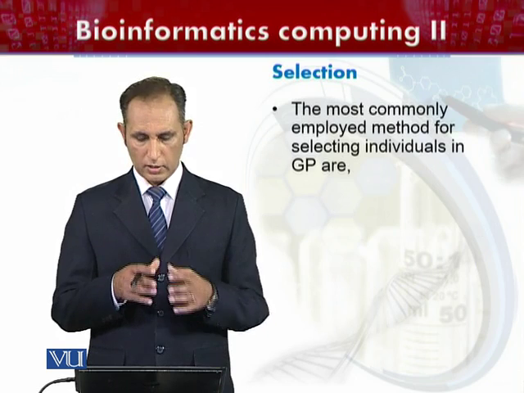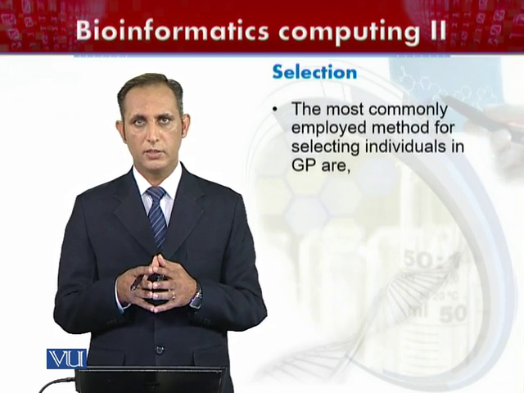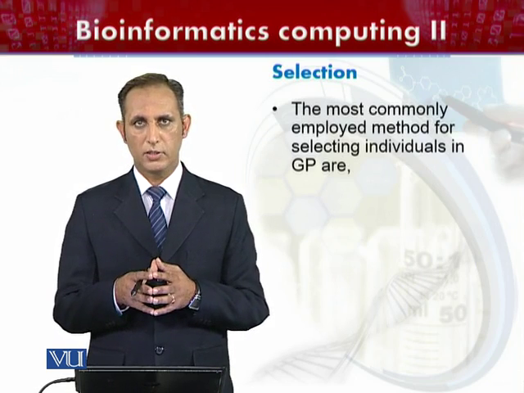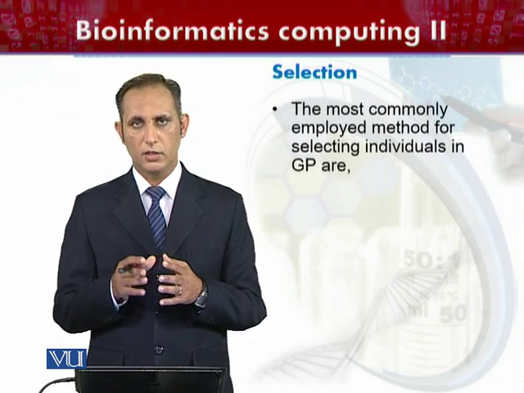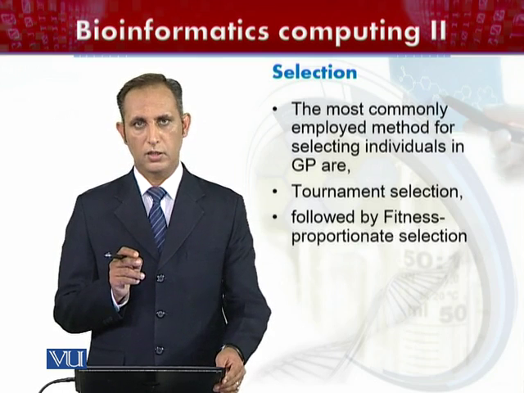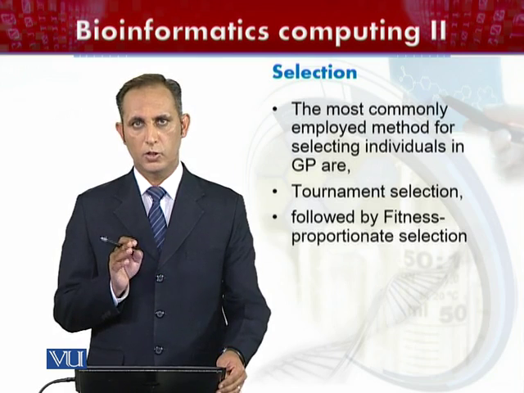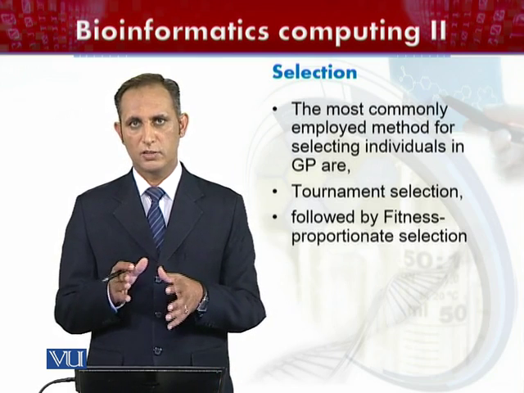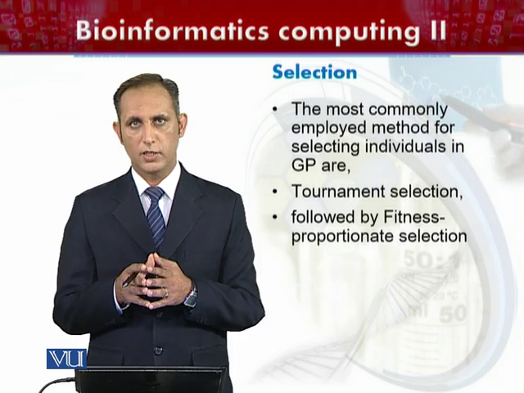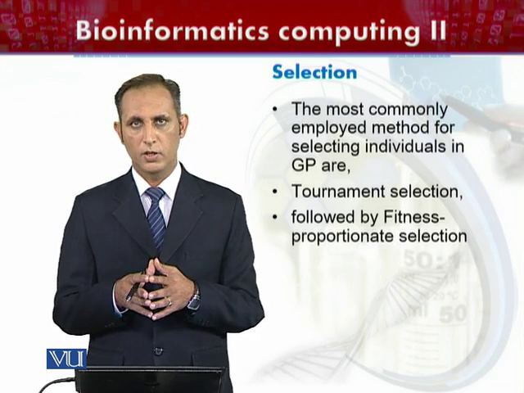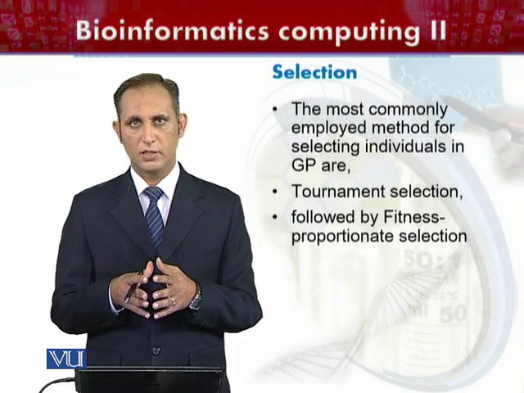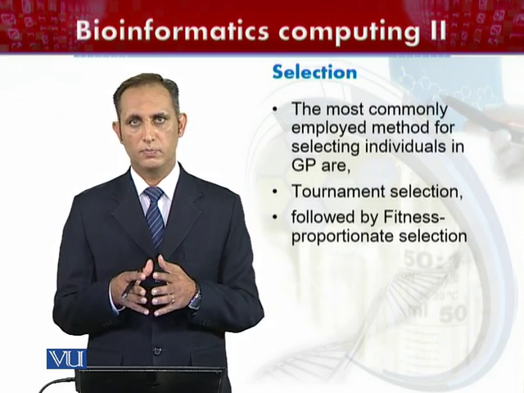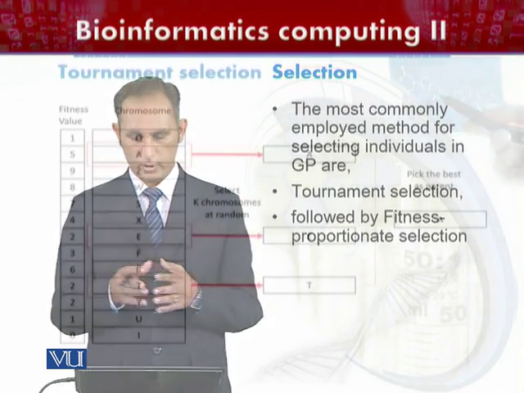The most commonly employed selection methods in genetic programming are the tournament-based method, followed by the roulette-wheel selection method. The roulette-wheel selection method belongs to the category of fitness proportionate selection. Both methods are basically dependent upon the fitness of the individual.